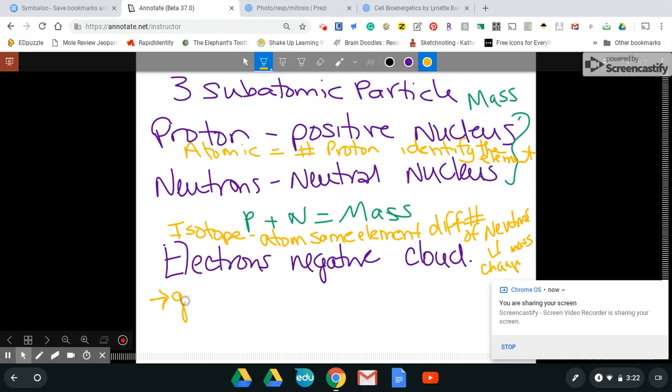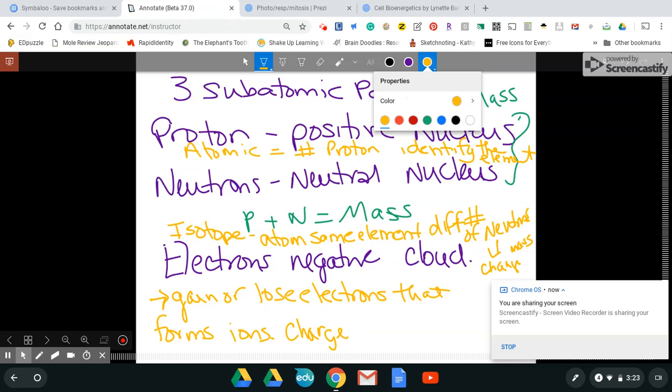If you gain or lose electrons, that forms ions, okay, and gives you a charge. So if you gain, then your charge is going to be negative.